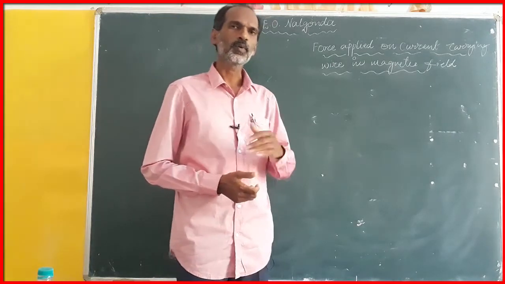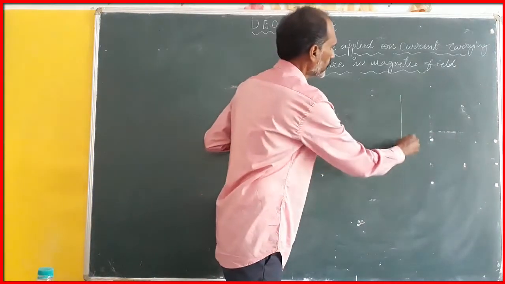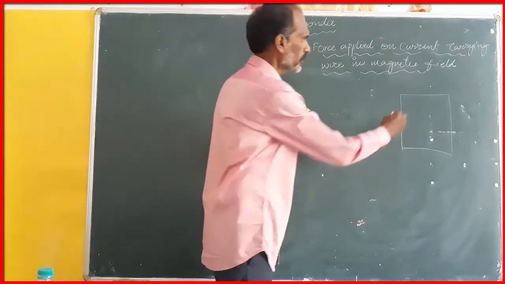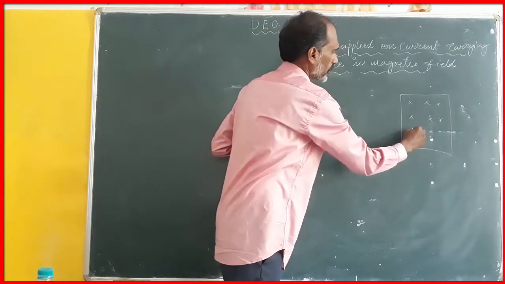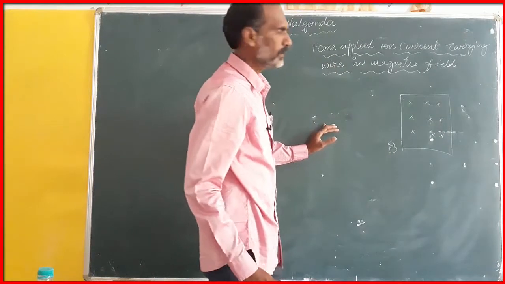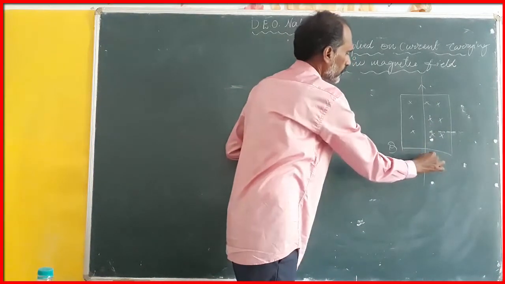To understand this, let us imagine one uniform magnetic field, that is B. One current carrying wire is passing through this magnetic field.